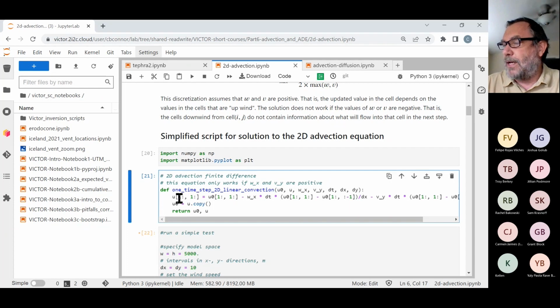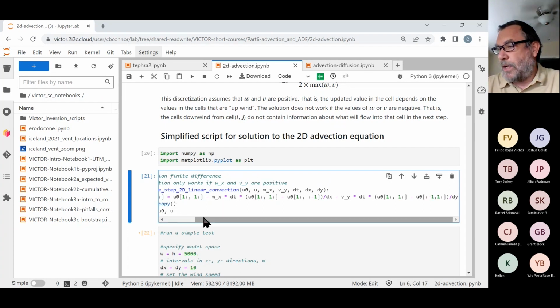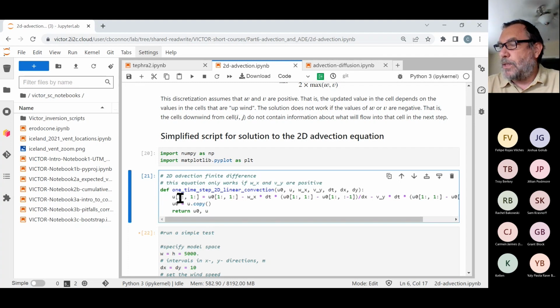And I solve for that in the x and y direction, and I do it starting at point 1. So that's the second element in my array. Remember, the first element of the array is index 0 in Python. So this is starting at the second element in the array in the x direction, and the second element in the array in the y direction.